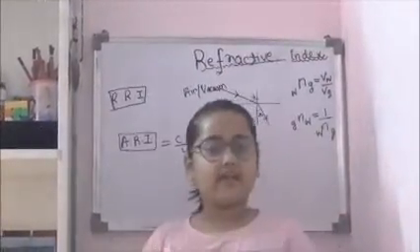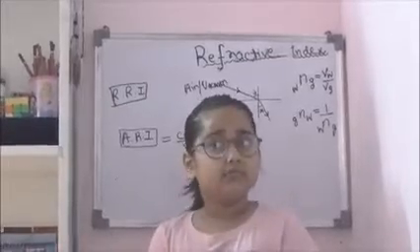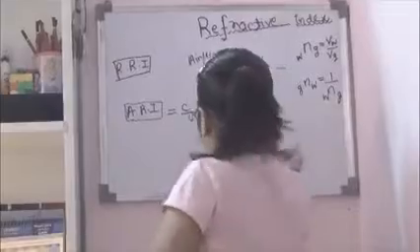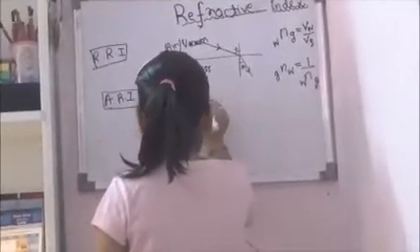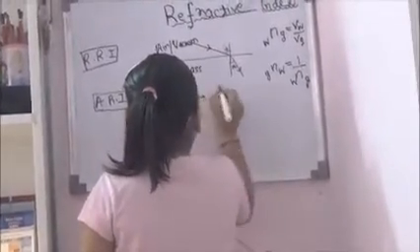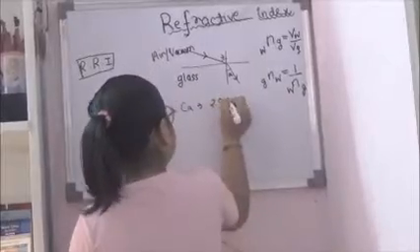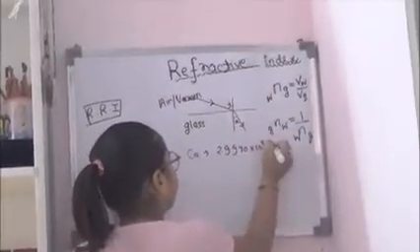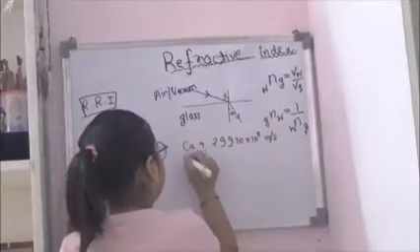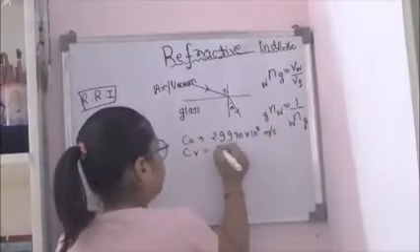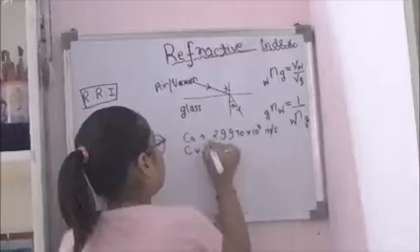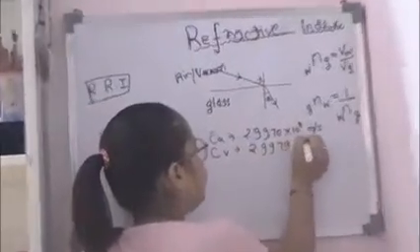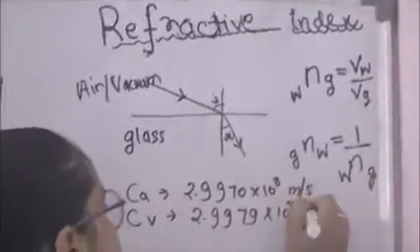Now, have you noticed I am saying air or vacuum? So are they the same? No, they are not the same. The speed of light in air is 2.9970 × 10^8 meter per second. And the speed of light in vacuum is 2.9979 × 10^8 meter per second.